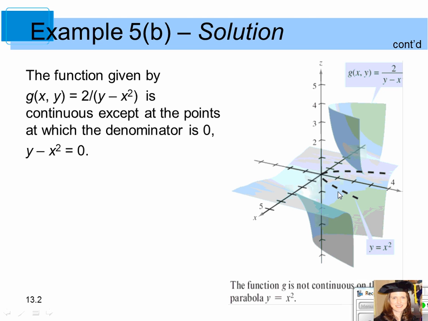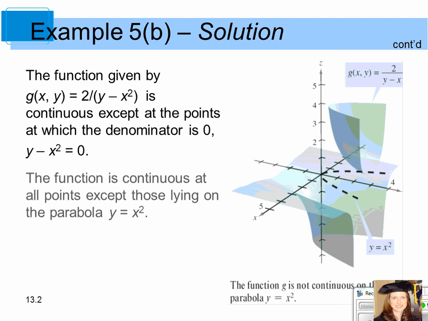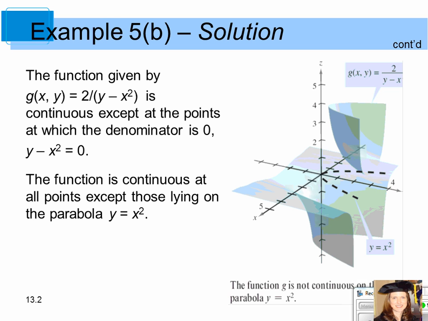On the graph, you see this depicted by the dotted line, where y = x². The behavior of the graph is asymptotic as you get closer to y = x². So we say the function is continuous at all points except those lying on the parabola y = x².